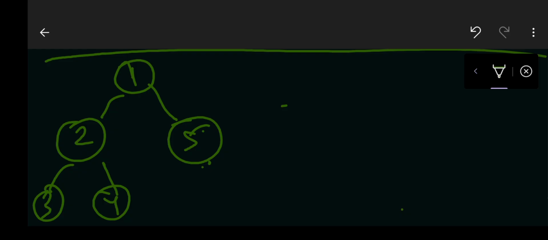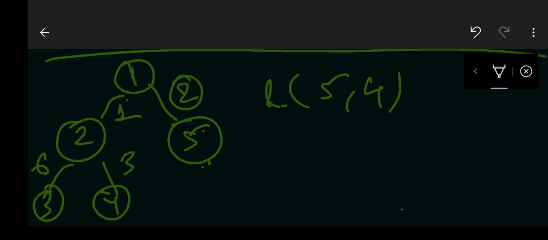Okay, so suppose the length between 5 and 1 is 2, the length between 1 and 2 is 1, the length between 2 and 4 is 3, the length between 2 and 3 is 6. This is just an example that we are trying to take here. Suppose I ask you what is the length between 5 and 4.